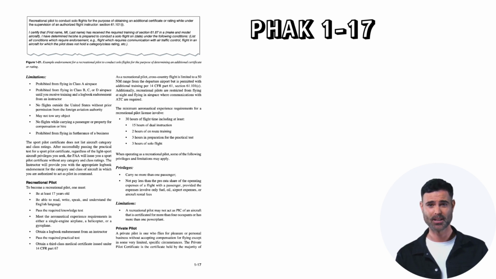Prohibited from flying in Class B, C, or D airspace until you receive training and a logbook endorsement from an instructor. No flights outside the United States without prior permission from the foreign aviation authority. May not tow any object. No flights while carrying a passenger or property for compensation or hire. Prohibited from flying in furtherance of a business.